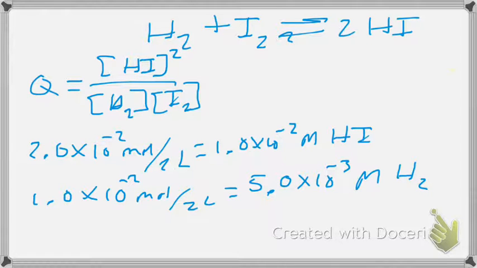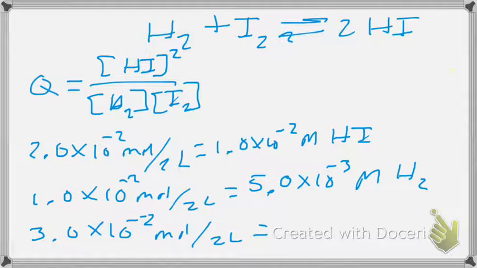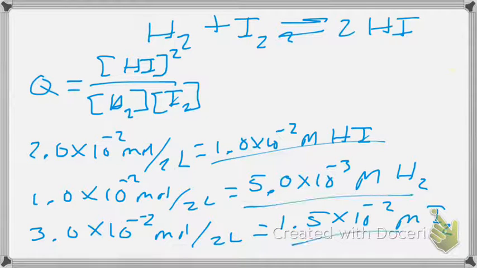Again, we're just converting our moles into molarity units. 2 moles divided by 2 liters, and that equals 1.5 times 10 to the minus 2 molar of HI. So these are our concentrations that we're going to use in our expression here to solve for Q, and to see if we're at equilibrium or not, or which direction we're proceeding to get to equilibrium.